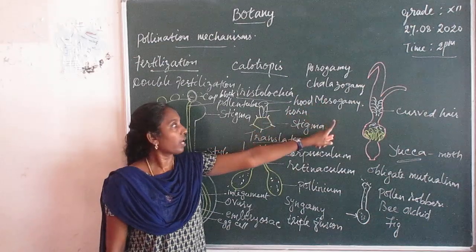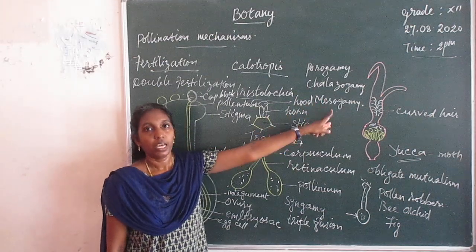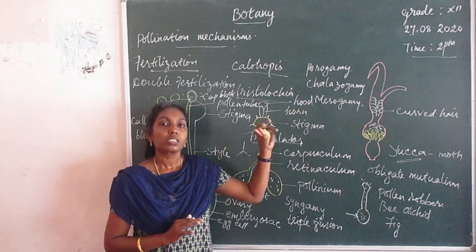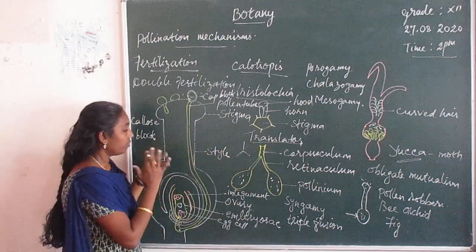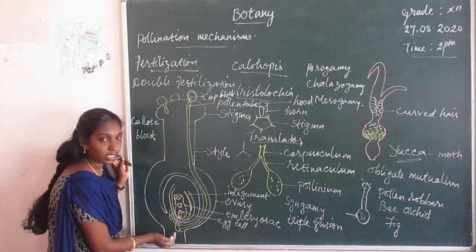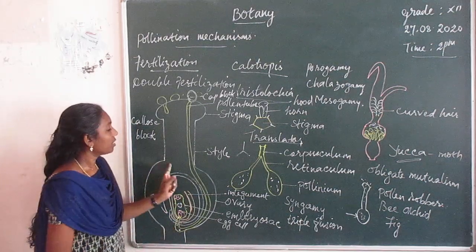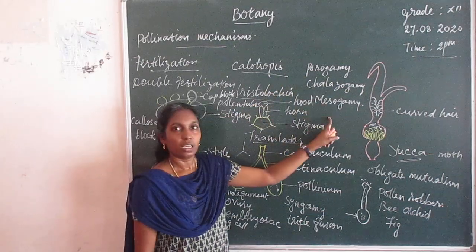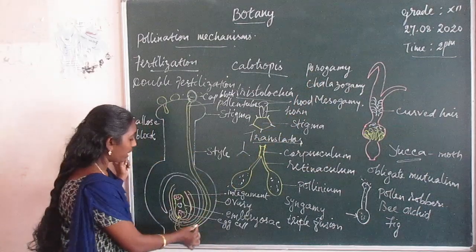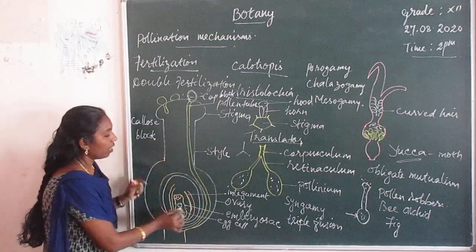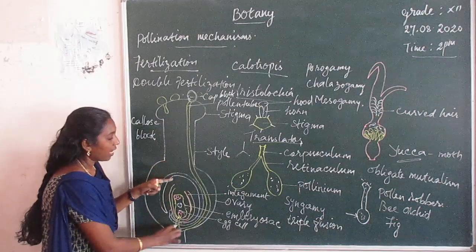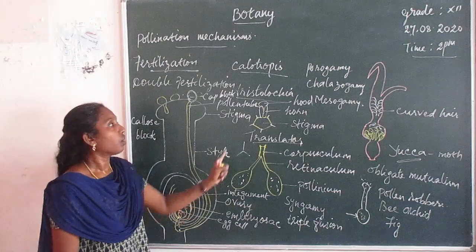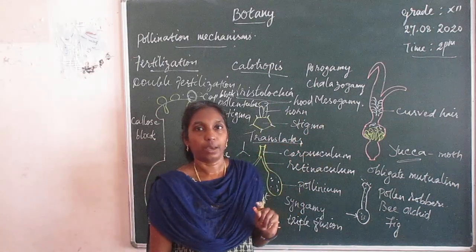You already learned the structure of the ovule. In the inverted ovule there is the micropylar region, the chalazal region, and the integuments. Depending on this, if the pollen tube enters through the micropyle, it is porogamy. If it enters through the chalaza, it is chalazogamy. When it enters through the integument, it is called mesogamy.